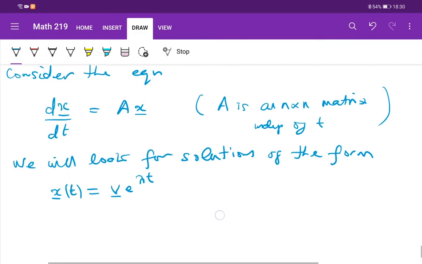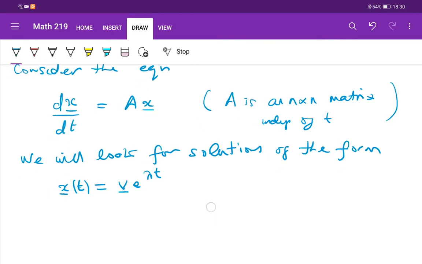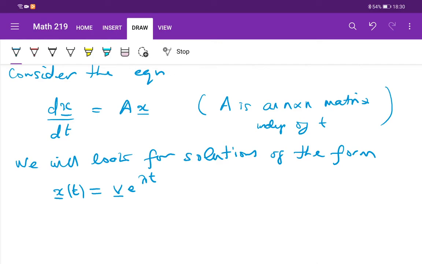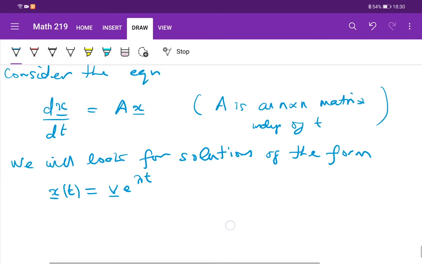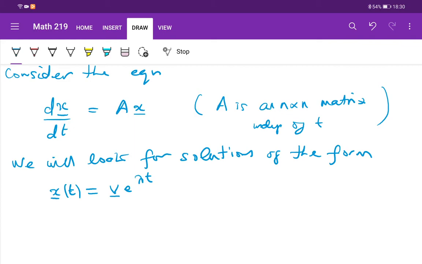We're trying to generalize the scalar case: when n equals 1, all solutions are just constant multiples of exponential functions. Here we look at vector multiples of exponential functions, and let's see if we can find solutions of this form.